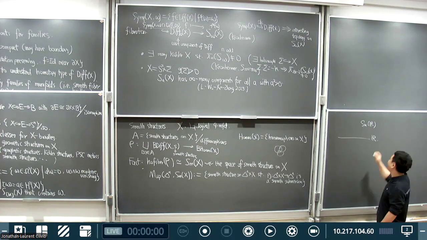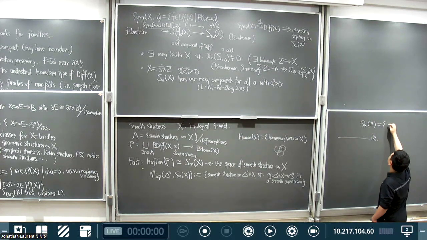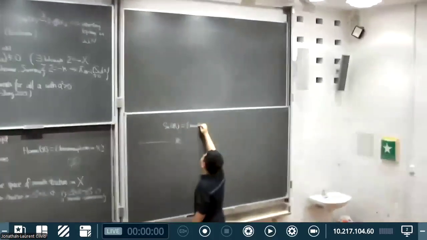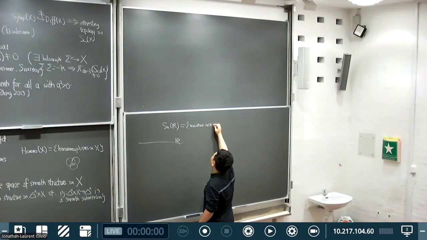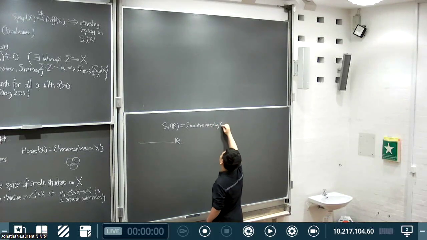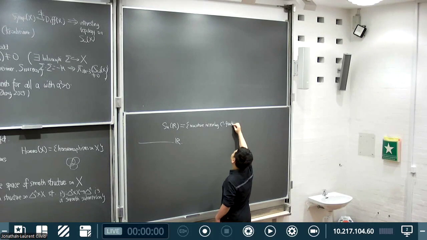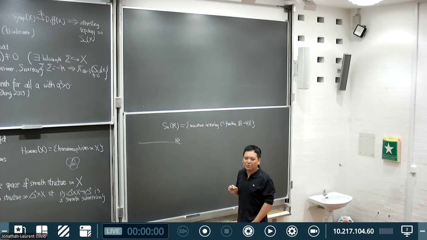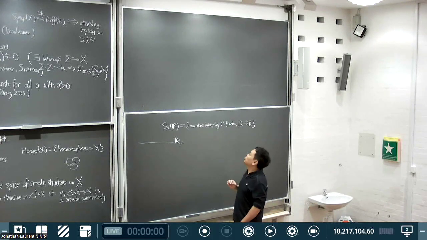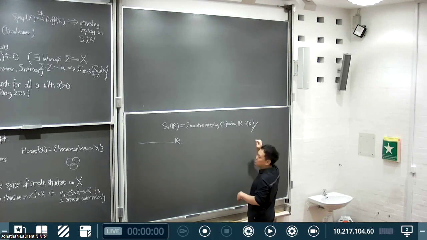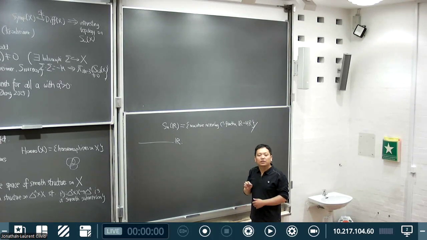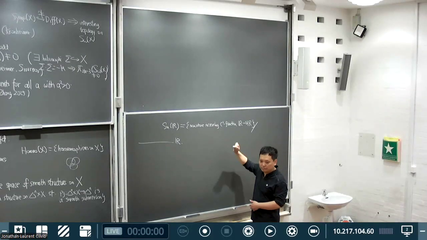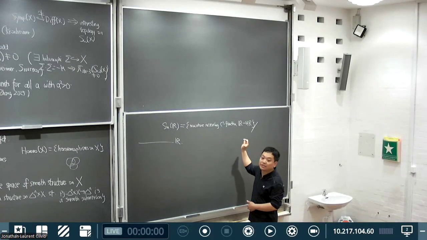It's really just monotone increasing C0 functions from R to R. Sorry, monotone increasing, and then you need to quotient out: two continuous functions are equivalent if their composition is smooth.